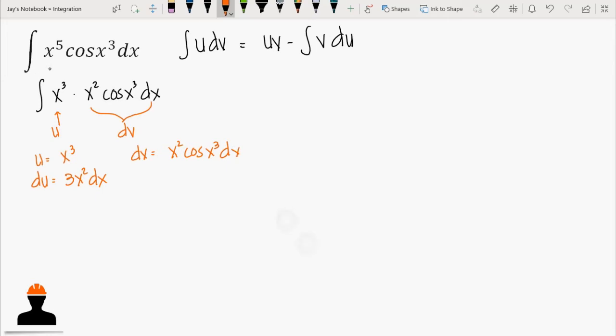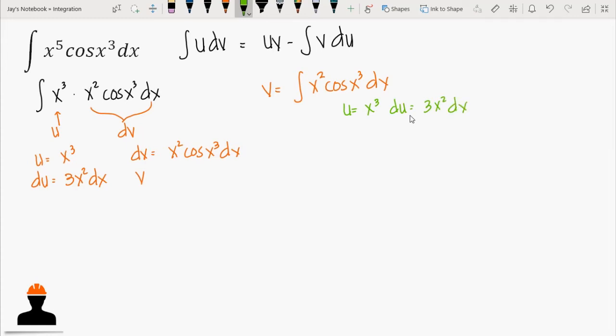So if we look for our v, then we can integrate this one. Let's try to integrate x squared cosine x cubed. So v is equal to the integration of x squared cosine x cubed dx, wherein our u is x cubed and our du is 3x squared dx.